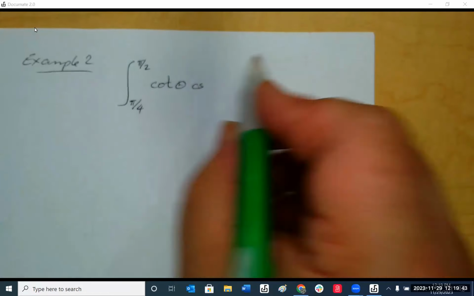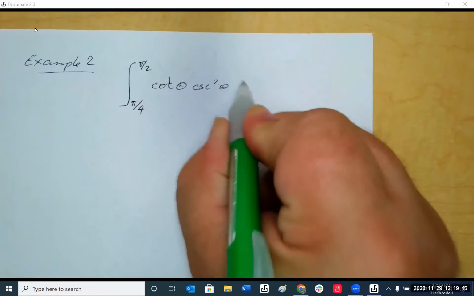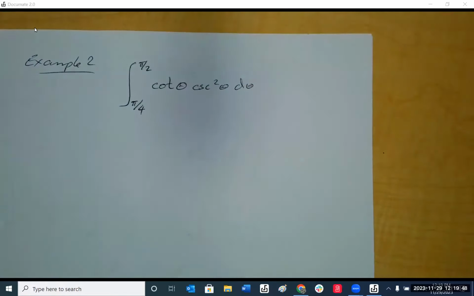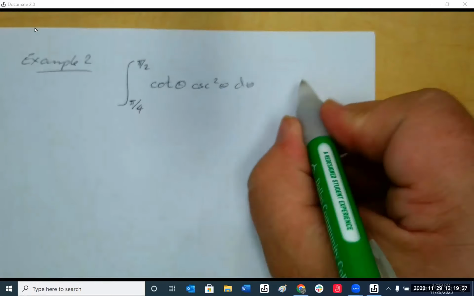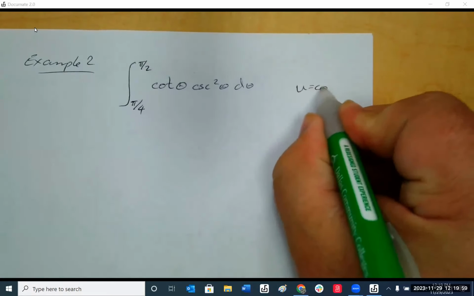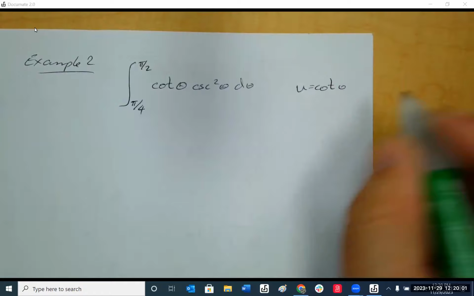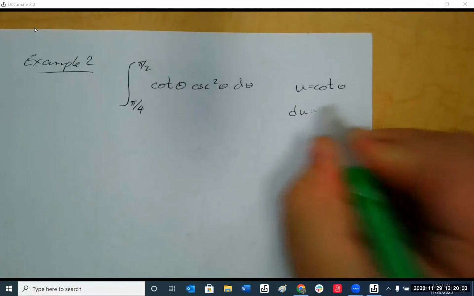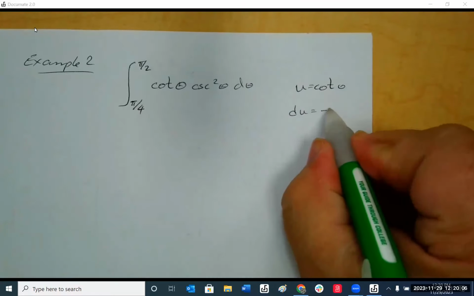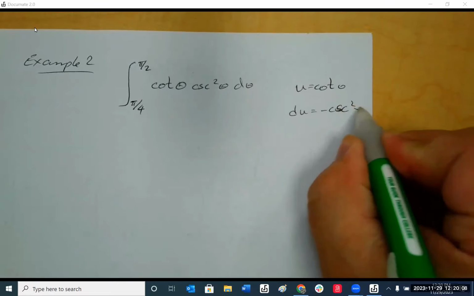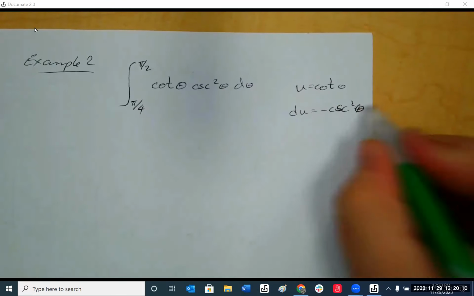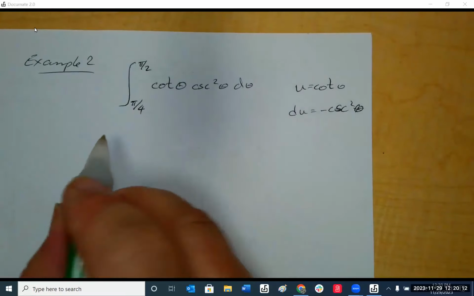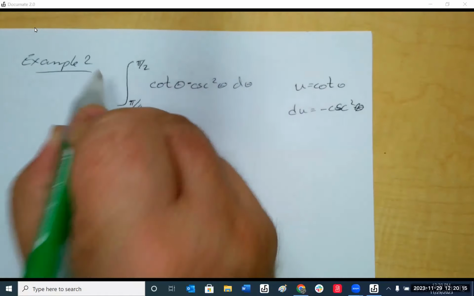So number 2 is cosecant squared theta d theta. So in this one, negative cosecant squared, so what we need here is a negative sign.